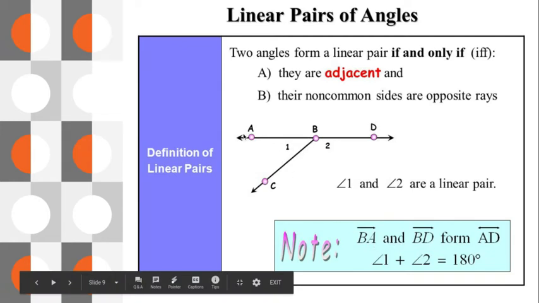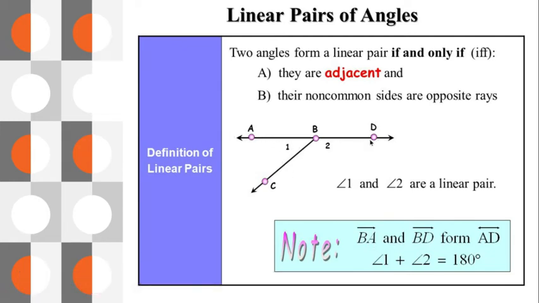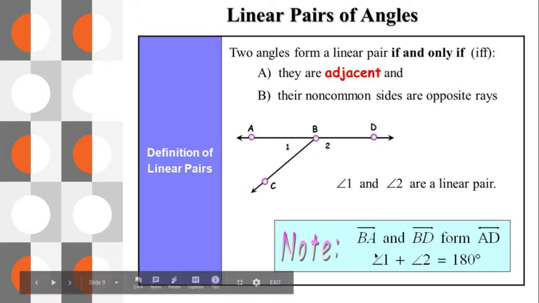Notice that ray BA and ray BD form line AD. So since you have a line, which would define a straight angle, that equals 180 degrees. So notice that the measure of angle 1 plus the measure of angle 2 will always equal 180.